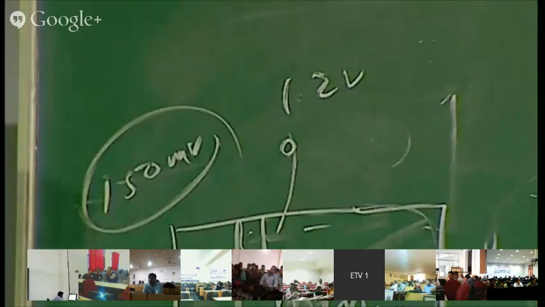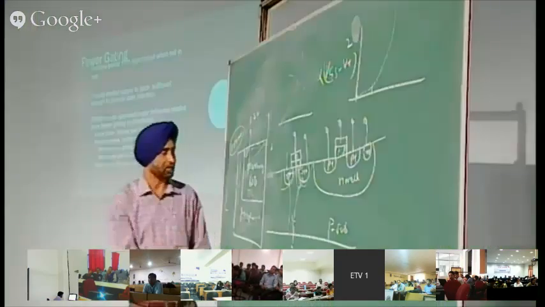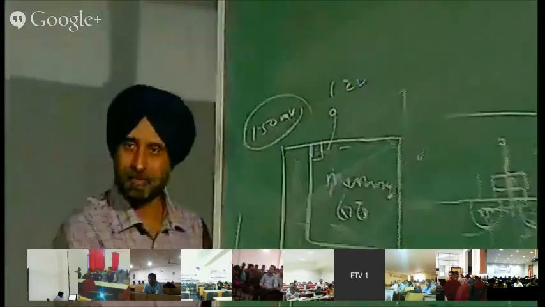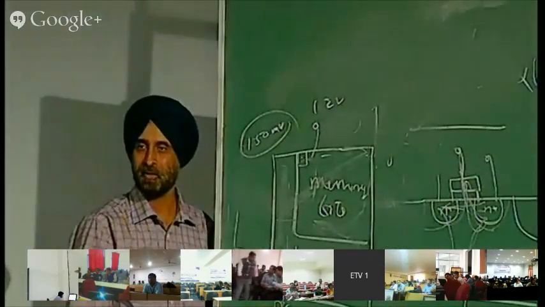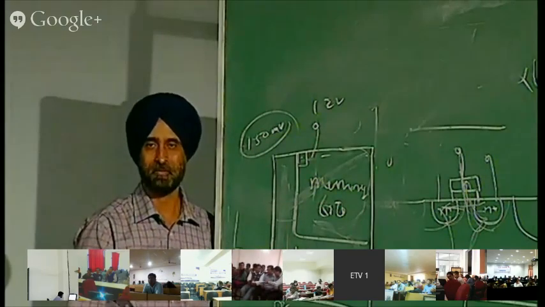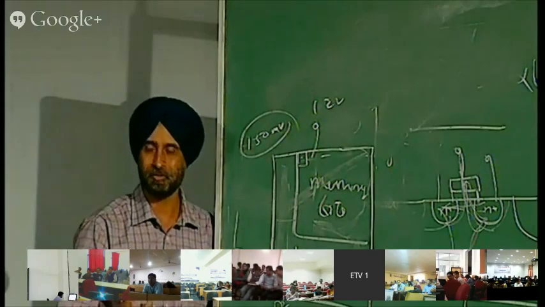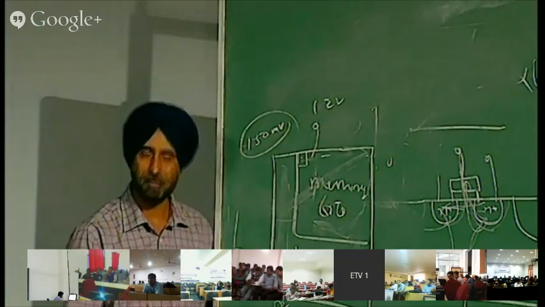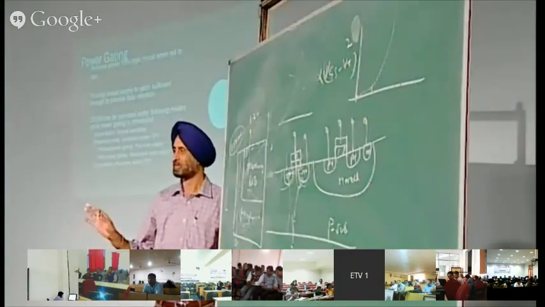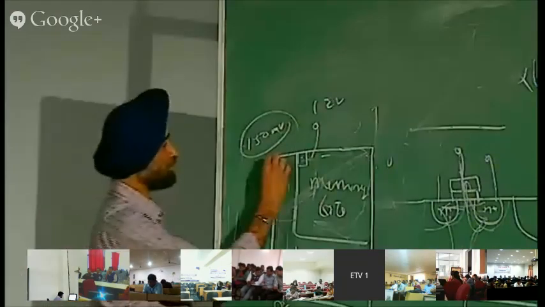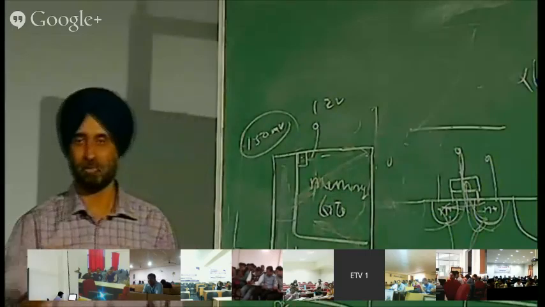And there may be certain portions in the memory, like the row and column decoders, where the power may be 0 volt only. But if there is a certain flip flop or latch which is storing some data, you cannot reduce the power to less than 150 millivolt. But for the sense amplifier, you can completely shut the power to 0. So you can imagine that is a deep sleep mode.